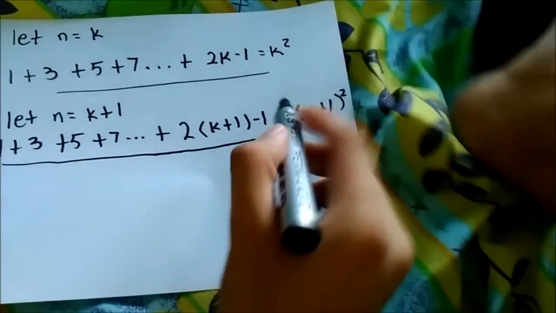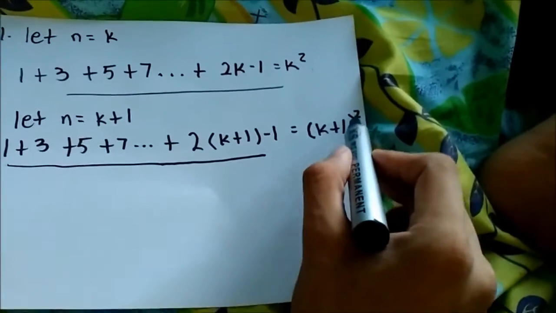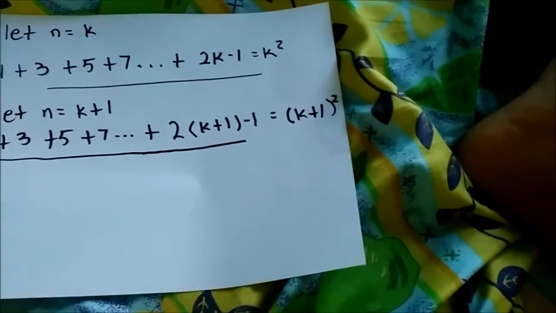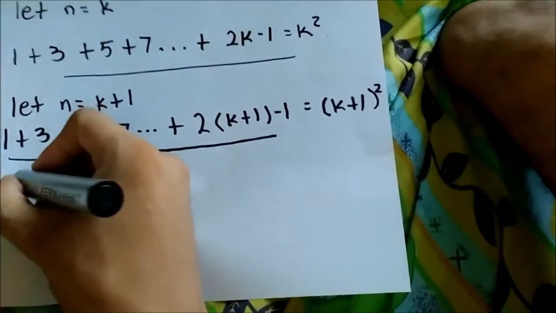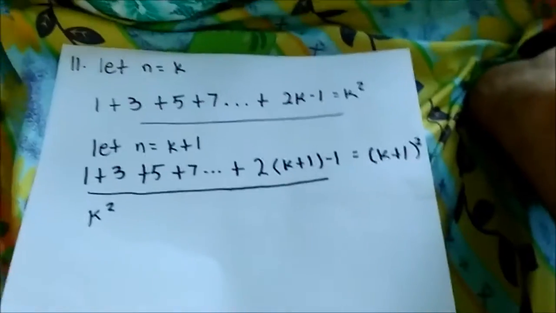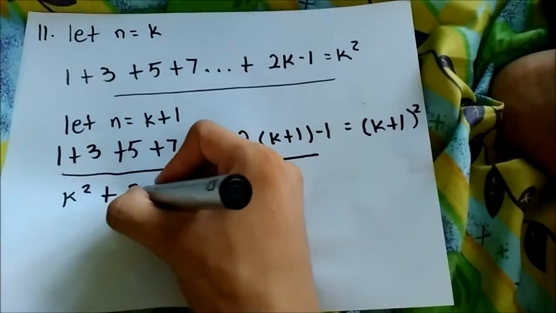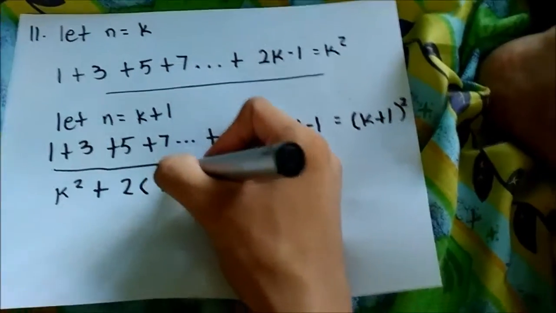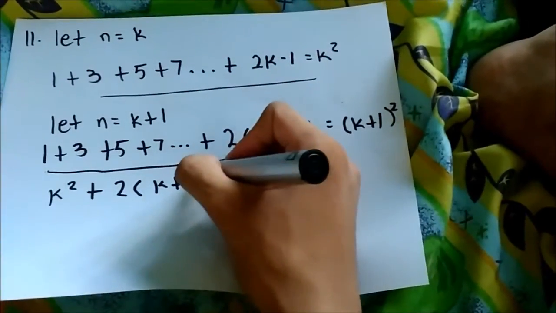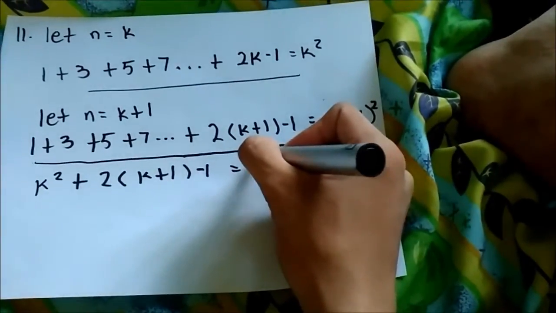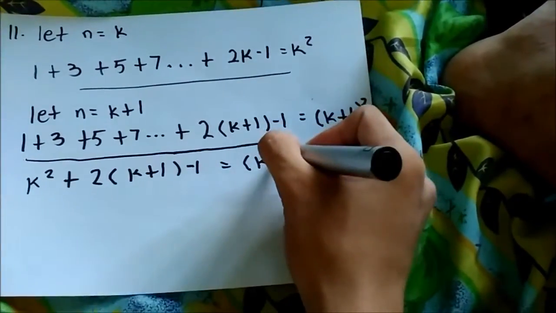So there you go. And k squared plus 2 times k plus 1 minus 1 is equal to k plus 1 squared.